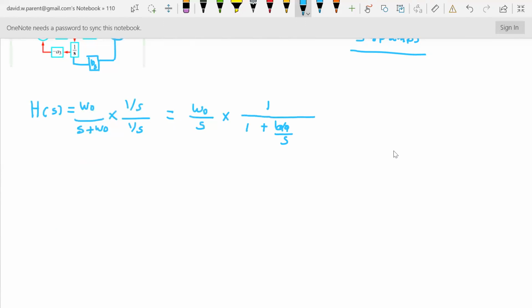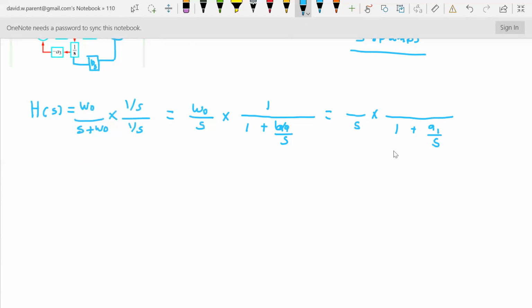Omega naught over S. Now the A's are pretty easy because it's 1 plus, this is the first order one because it's just 1 over S, so that becomes A1 over S.